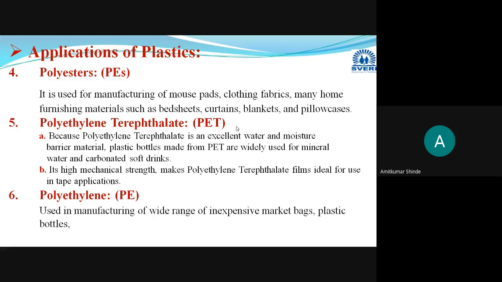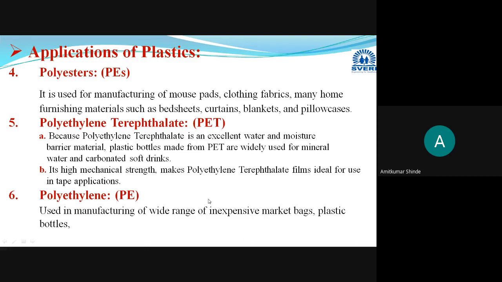Then clothing fibers, and many home furnishing materials like bed sheets, curtains, blankets, and pillowcases. All these are manufactured with the help of polyesters.